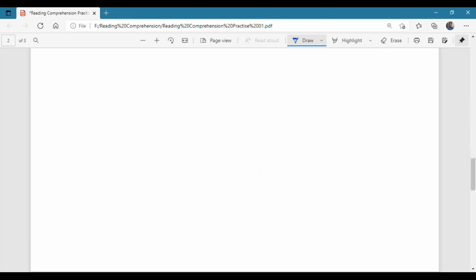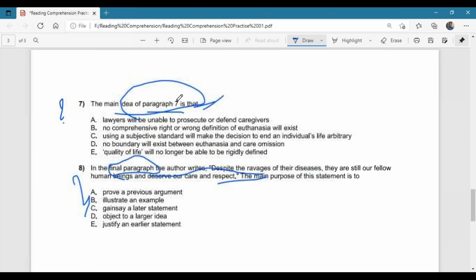Now going back to what is the main idea of paragraph 7? Lawyers will be unable to prosecute or defend caregivers. No, there is nothing about lawyers at all. You can do elimination like this. Eliminate it. No comprehensive right or wrong definition of euthanasia will exist. No, there is nothing about this at all. Using a subjective standard will make the decision to end an individual's life arbitrary, or no boundary will exist between euthanasia and care omission, or quality of life will no longer be able to be rigidly defined.